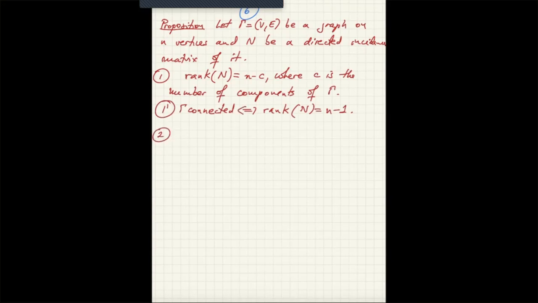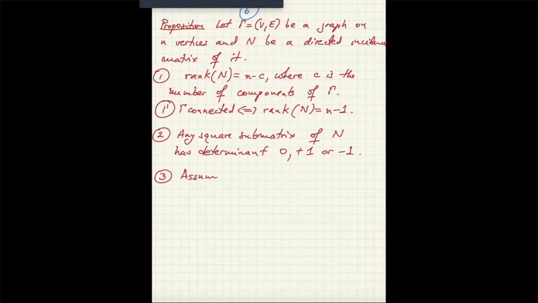Okay. 2, the matrix N is what is called totally unimodular, which means that any square submatrix of N has determinant 0, +1, or -1. Okay. And the third one, it's a bit more involved.